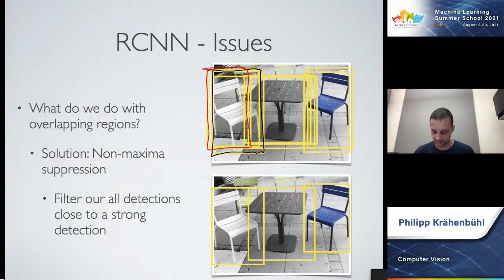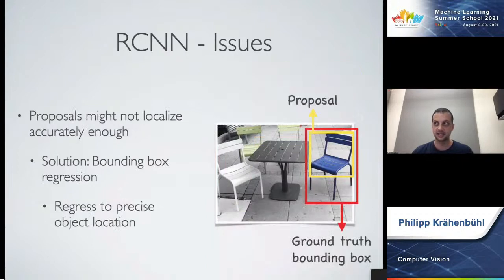The other thing with these proposals is that they might not actually cover the entire object. And so oftentimes it is good to refine the box and say, hey, I start out from this proposal, but really where I think the chair is at a slightly different location.